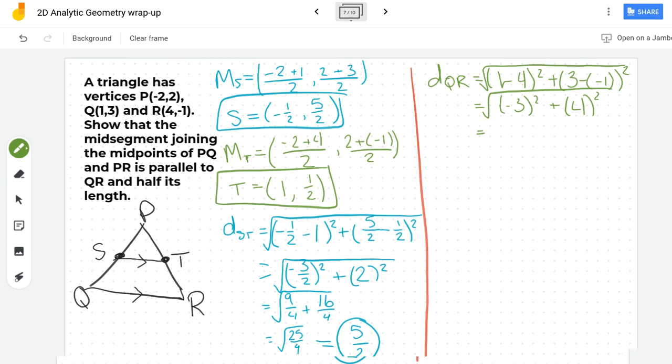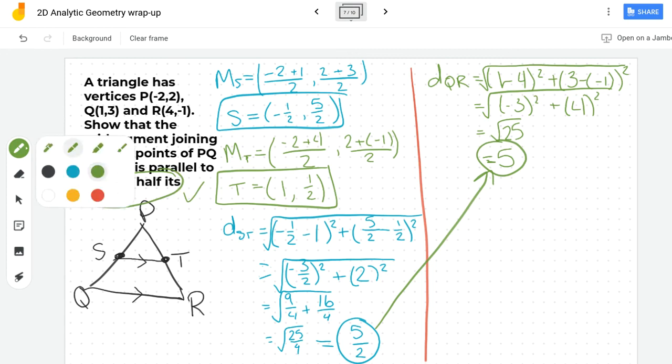So that'll be 9 plus 16, which is 25. Square root of 25 is 5. So this is, in fact, twice as long as this. 5 divided by 2 is 2.5, and then twice that is 5. So we know that this part is true.